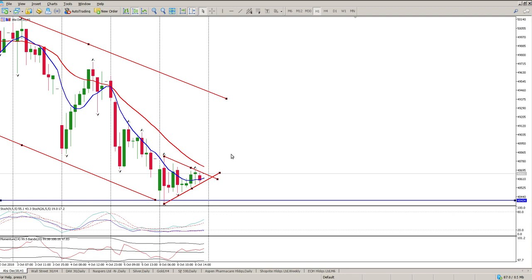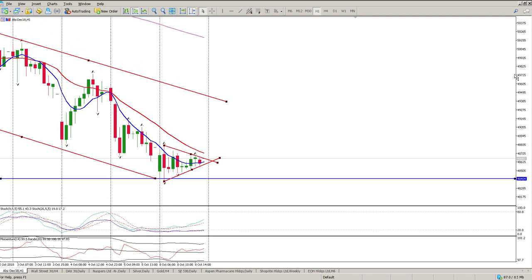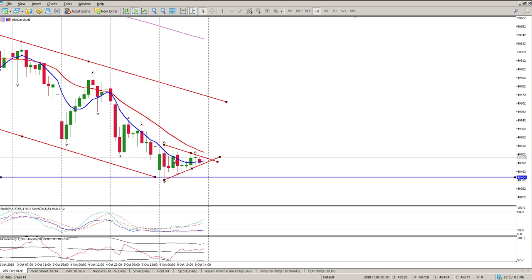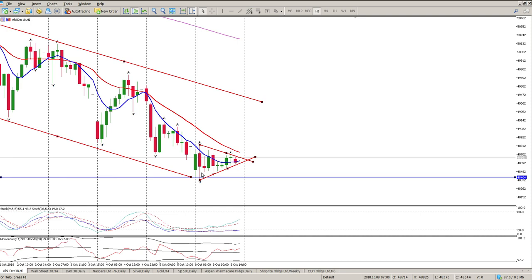Okay, so yeah, I am still looking for a long entry. There wasn't one yesterday, so we'll wait through today to see what happens with price today. Now, even if we do break above out of this triangle to the upside, I think I would still wait, because I would expect it to come up and then pull back and come and test this break.